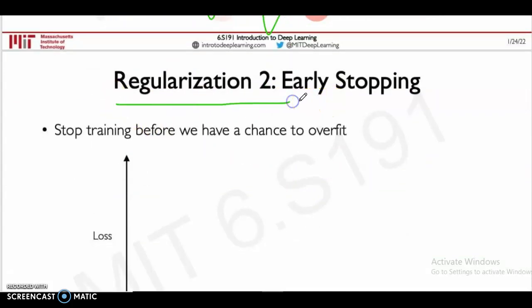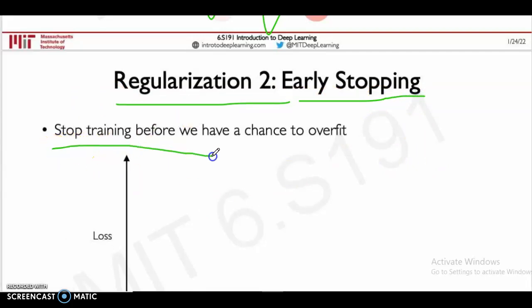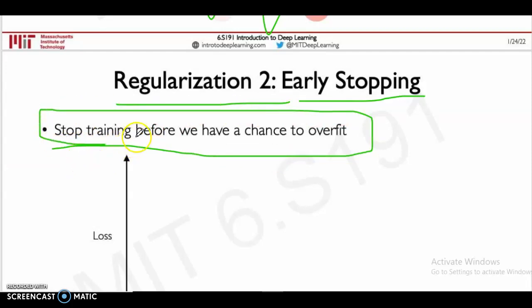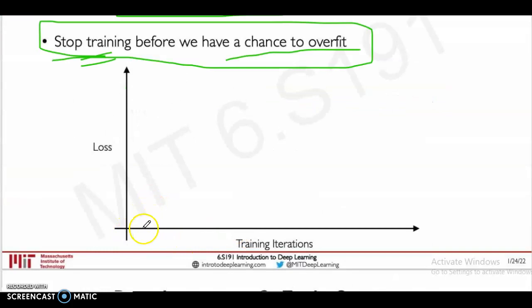Regularization 2: early stopping. Stop training before we have a chance to overfit. Before it overfits, we have to stop the training. Look at the loss over the training iterations.